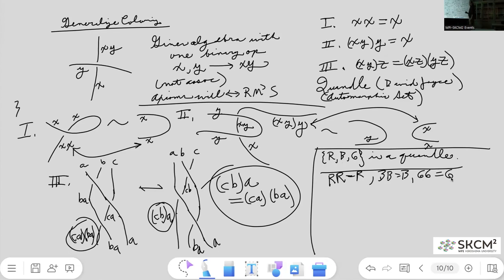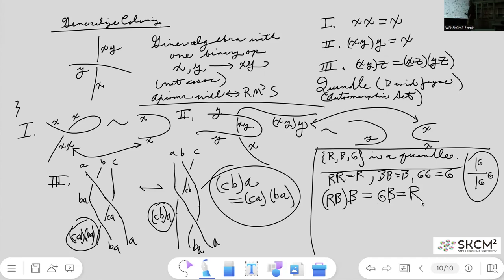Those correspond to things like green, green, this would have to be green, right? Then you can try some of the others, like red times blue times blue. Well, red times blue is green, and then you multiply by blue, and you get red back. So when you do it twice, you get the color back.